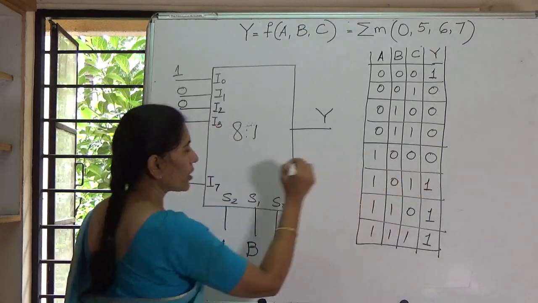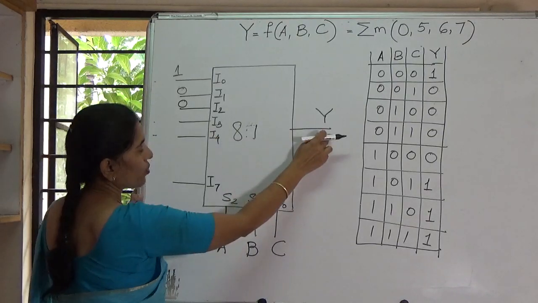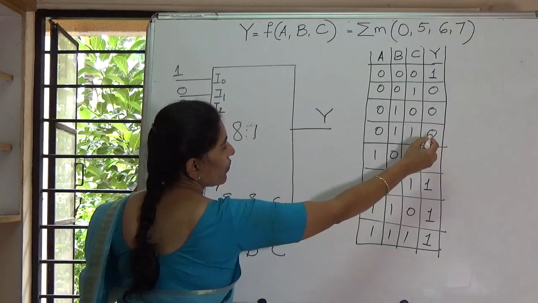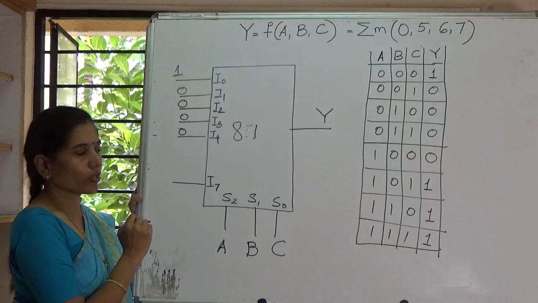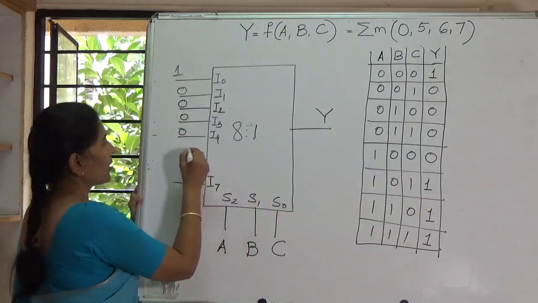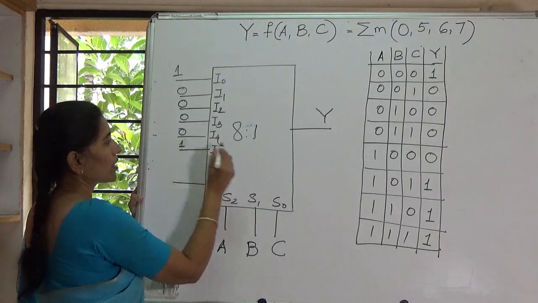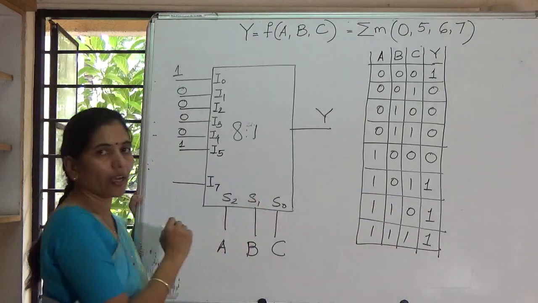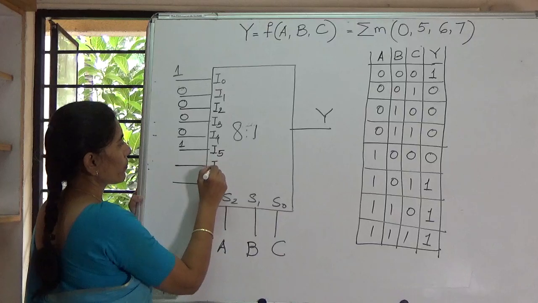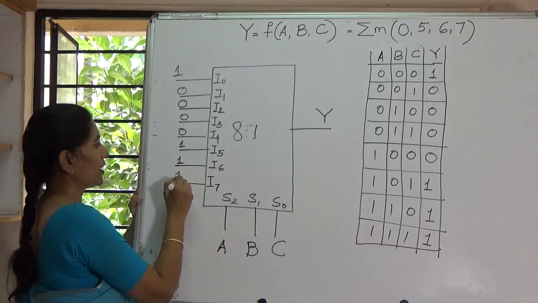For the 1, 0, 0 combination, output Y should also be 0, therefore I4 should be made 0 as well. For the fifth combination, 1, 0, 1, the I5 line should be connected to a 1 because output Y is required to be a 1. Similarly, the I6 line should also be connected to a 1, and also the I7 line.